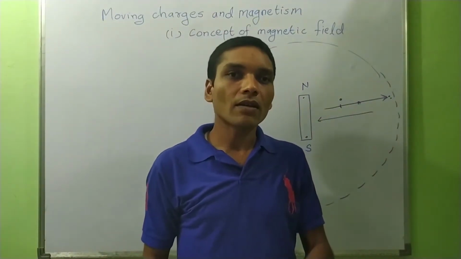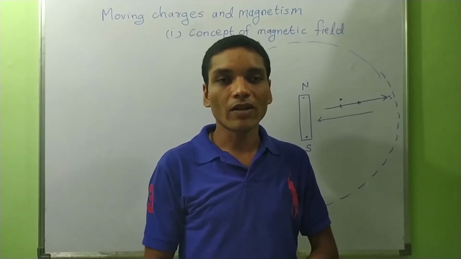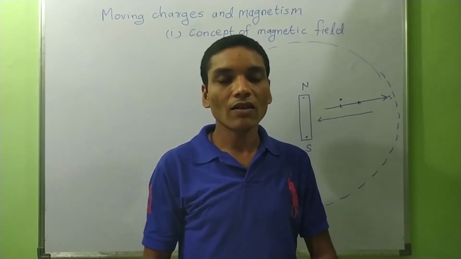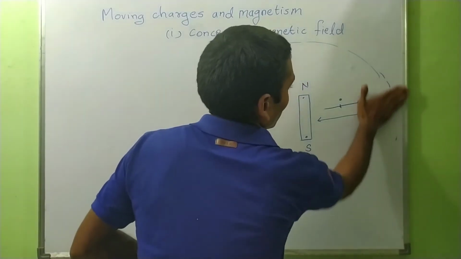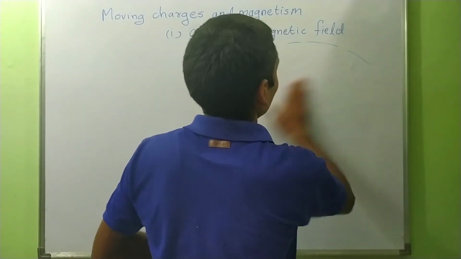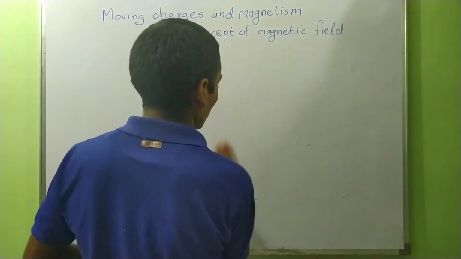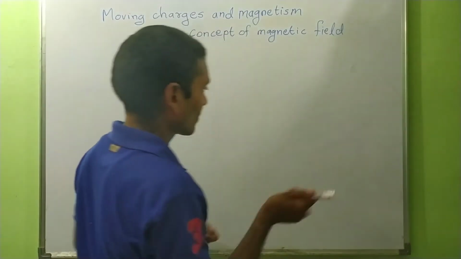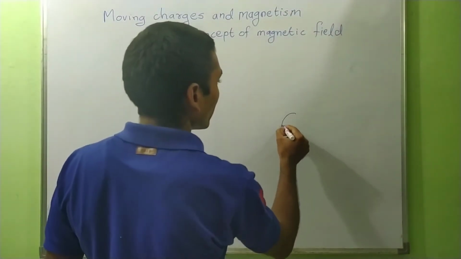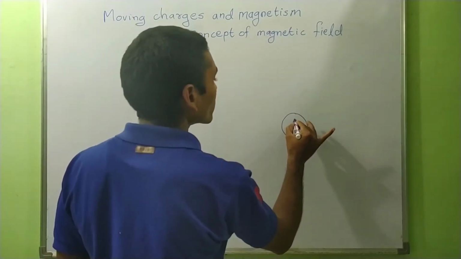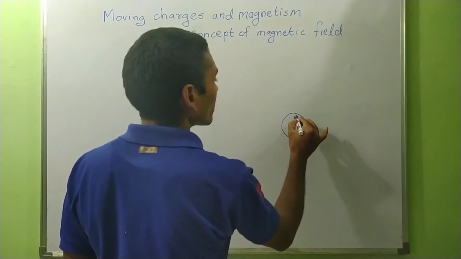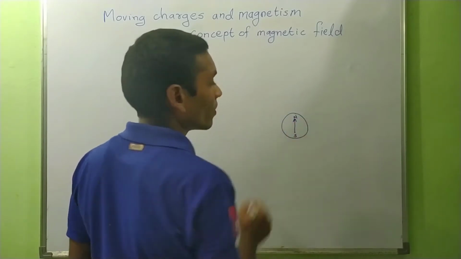But what is the concept of magnetic field? So we will understand what the concept is. For this, we take a magnetic needle. The magnetic needle has two poles, north pole and south pole.